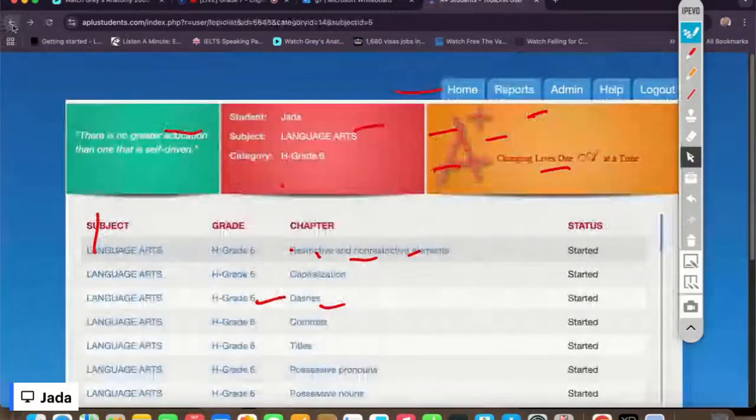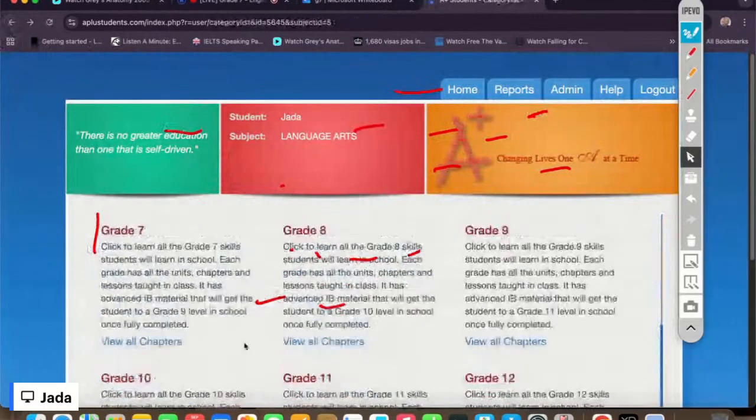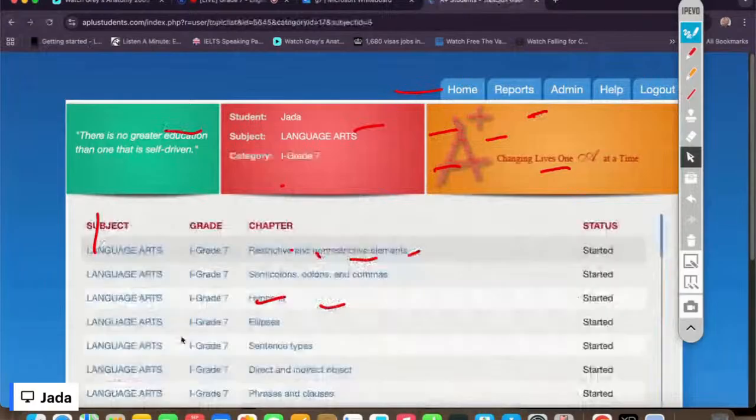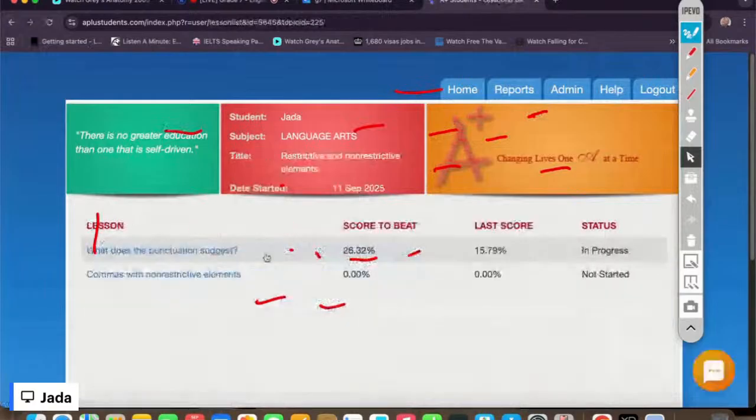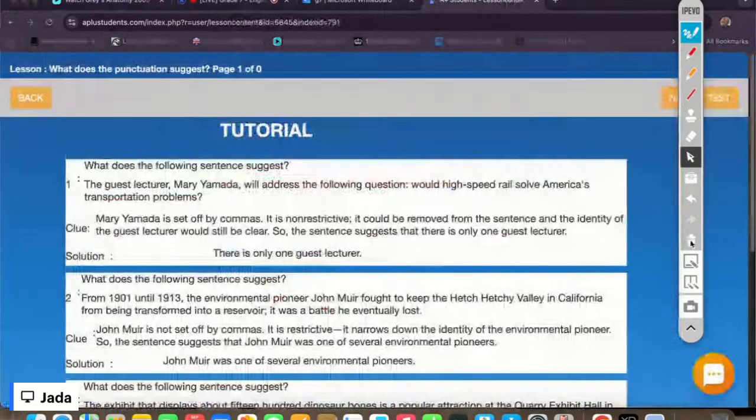Okay, let's look at some examples. So, what does the following sentence suggest?